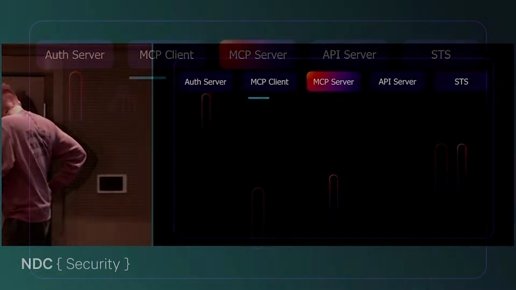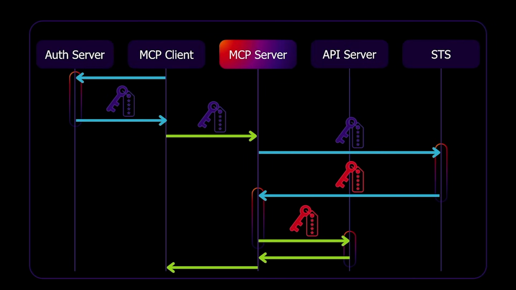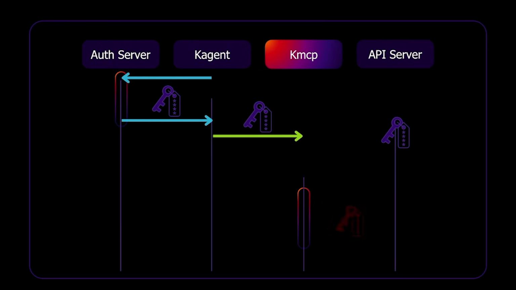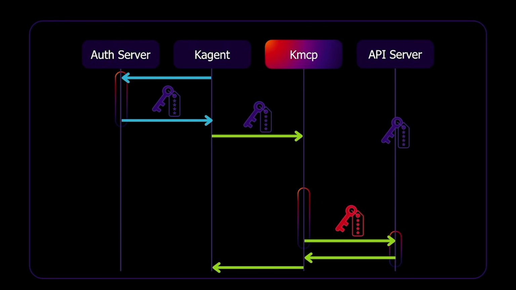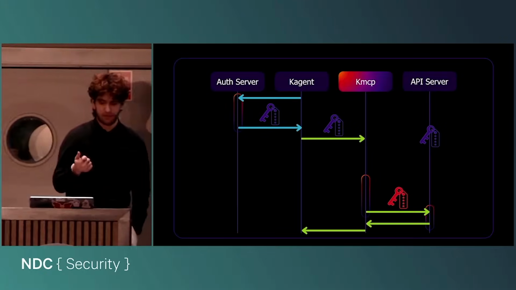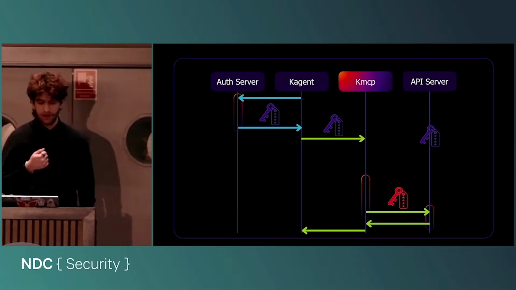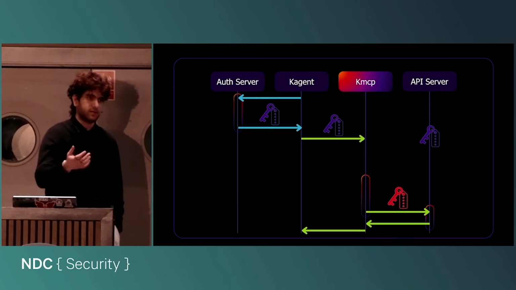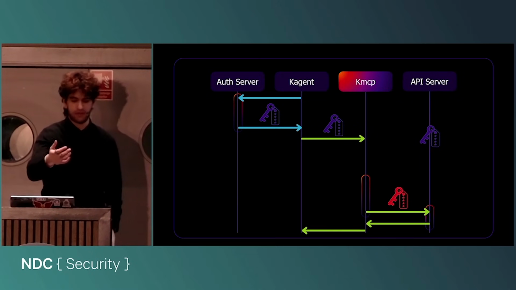I also just quickly wanted to tie all of this together a tiny bit. Manfred did showcase this drawing earlier, which is your MCP client, your auth server, your MCP server, your API server, and STS as well. We can simplify that a tiny bit by calling the MCP client, in this case, KAgent. The MCP server is hosted by KMCP, and your API server is whatever service you want to be behind your MCP server.